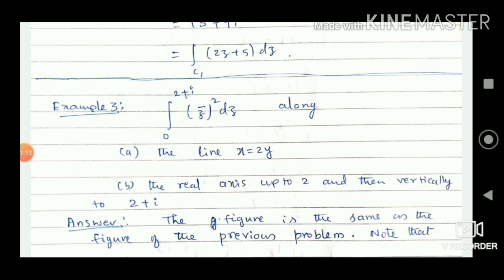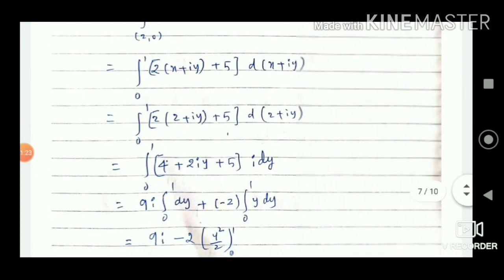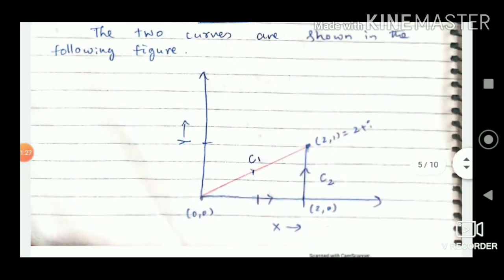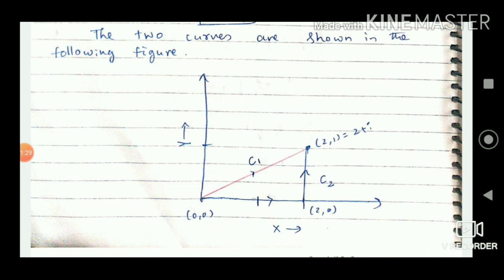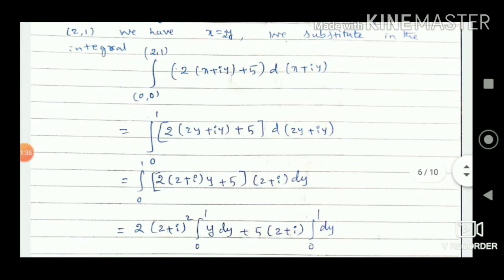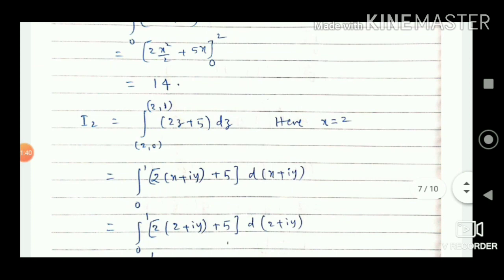I am integrating along the straight line x equal to 2y, just like in the previous case, and the real axis up to 2 and then vertically to 2 plus i. So this figure is the same, but the function is different. One is the straight line joining (0, 0) and (2, 1), the other is along the axes. But my function is z bar the whole square. Let us do the integration.